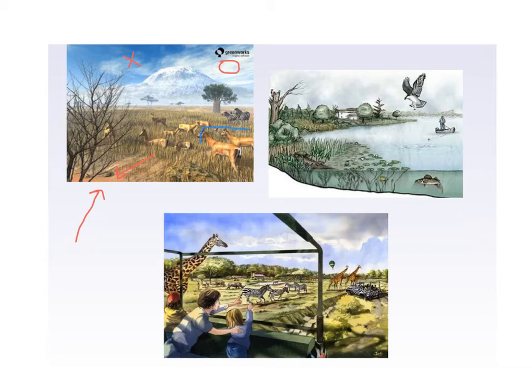You have these gazelles, the zebras, this tree, the grass. Those are all living. So everything in blue, those are the biotic factors, whereas the things in red, those are the abiotic factors, like the snow up here on the mountain. Snow is not alive, so it's an abiotic factor.